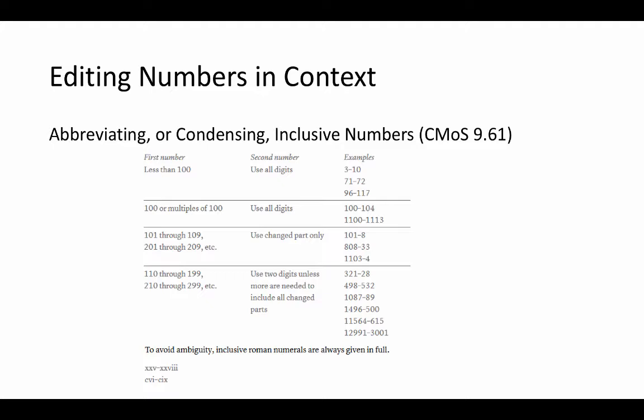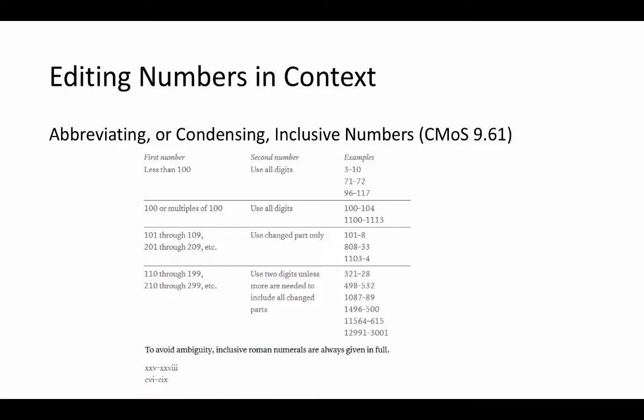But when it's 110 through 199, use 2 digits unless more are needed. So 321 to 28, obviously there's a change there in the single digit. And then there's a change between 498 to 532, and its changed part is actually in the hundreds. From 1087 to 1089, the only changed part is the single digit, and so on and so forth.